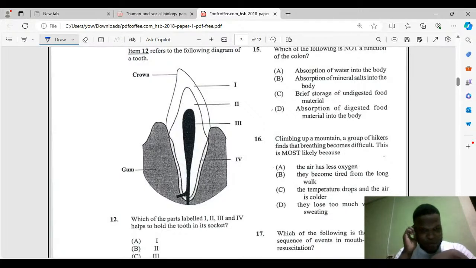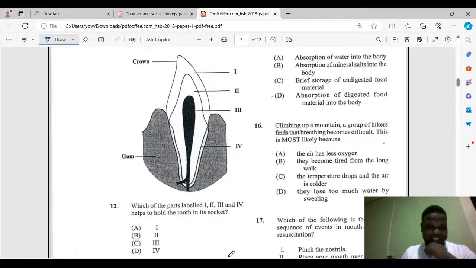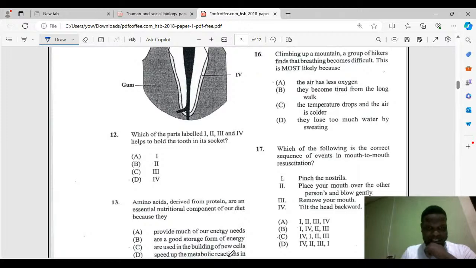So you're working with D, IV, and so you're working with D. And D seems a feasible answer, right? So we're gonna work with D.